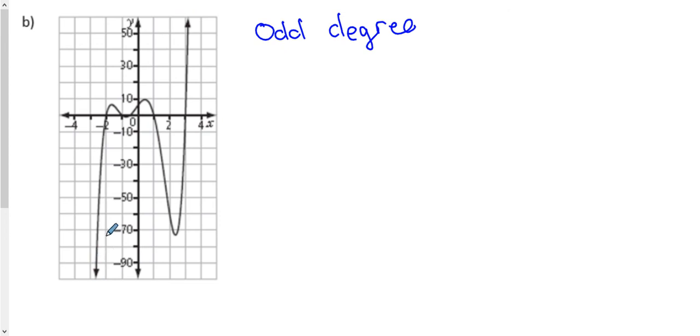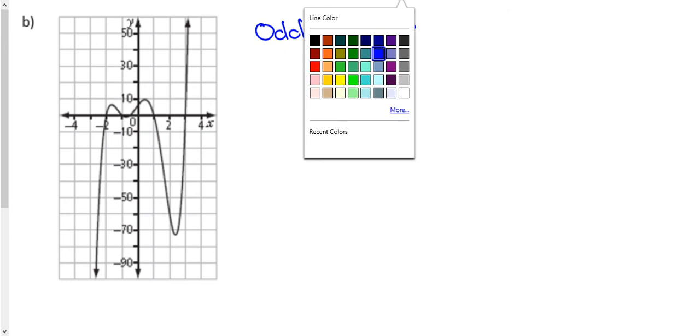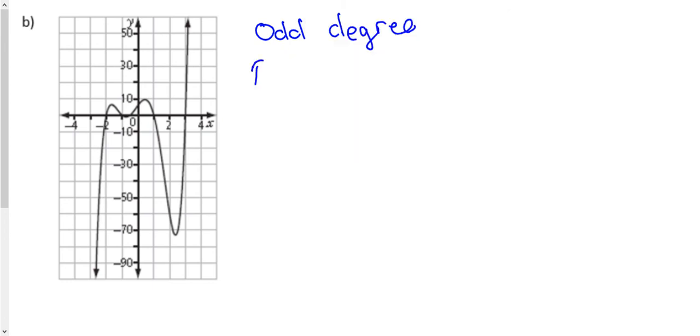Left is negative, right here is positive. If you trace it left to right, we end off on a positive, so it's a positive leading coefficient. Up next is x-intercepts. So it looks like we have 1, 2, 3, 4, and yep, we could definitely have 4 in a graph like this.